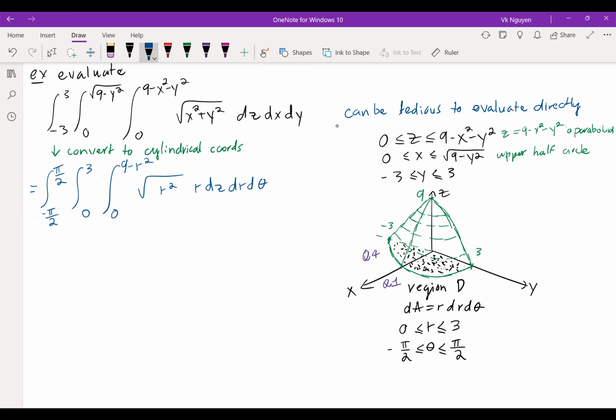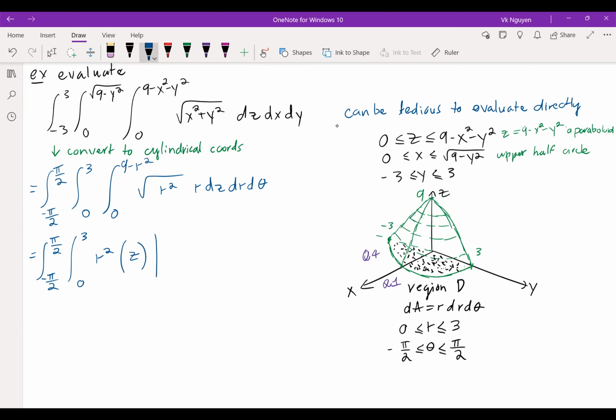Let's evaluate this thing here. Negative pi over 2 to pi over 2, 0 to 3. And as you can see, this is just r squared. In here the integral of dz is just z.